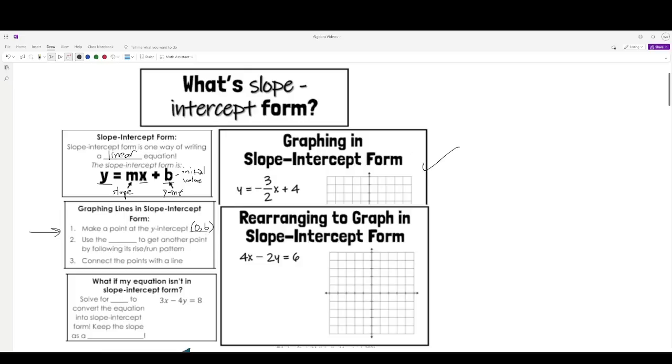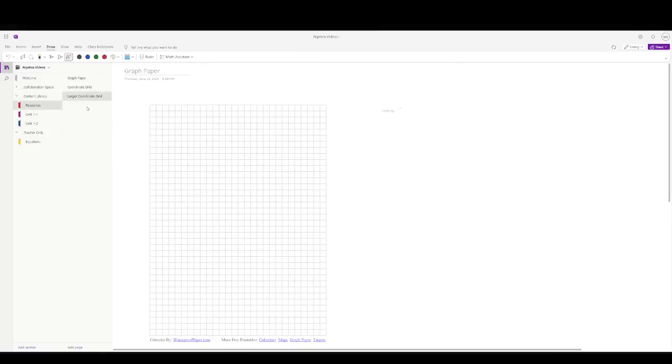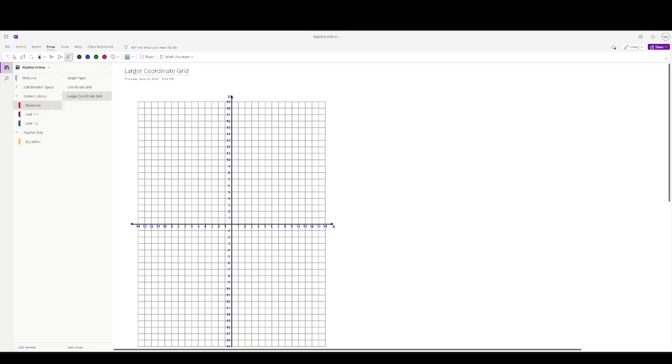So I want to do that on this graph here, but notice we'll probably fix this by the time we're working on this in class, but since it's not quite right here and part of it got cut off, it's a great chance for me to remind us about resources. So I need a coordinate grid because I don't have the one on that page. So I'm going to come over here, and I'm on a Chromebook screen.